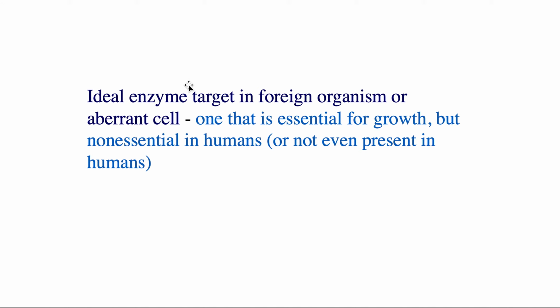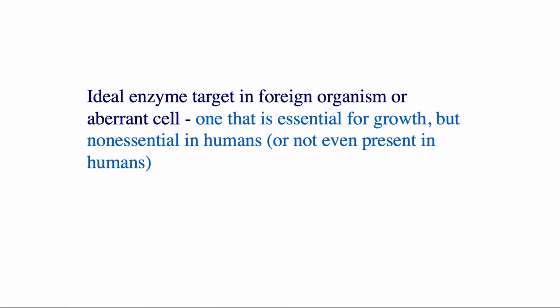Okay, so the ideal enzyme target in a foreign organism or in a cancer cell is one that's essential for growth but non-essential in humans, or not even present in humans. So that would be something like a totally mutated enzyme in a cancer cell.